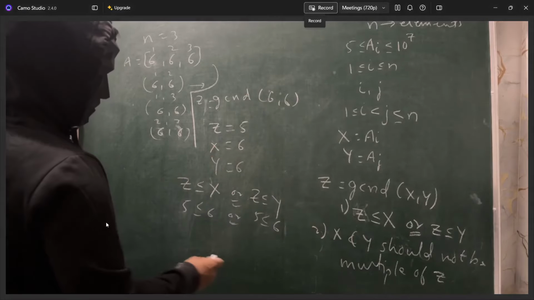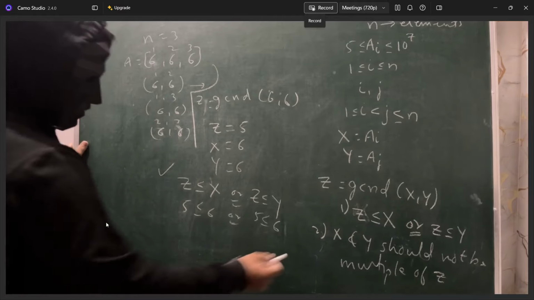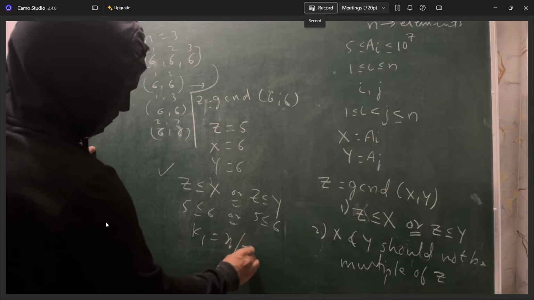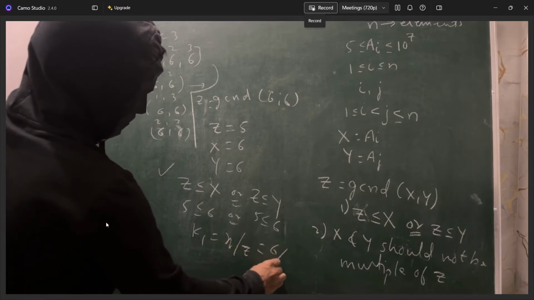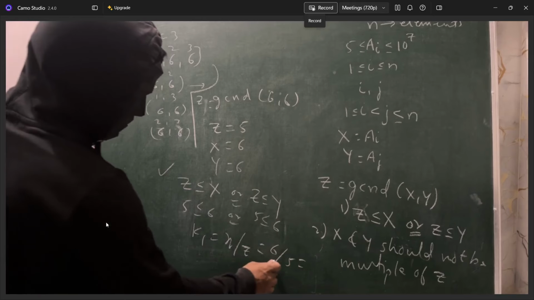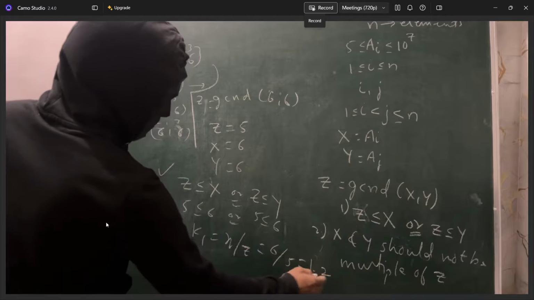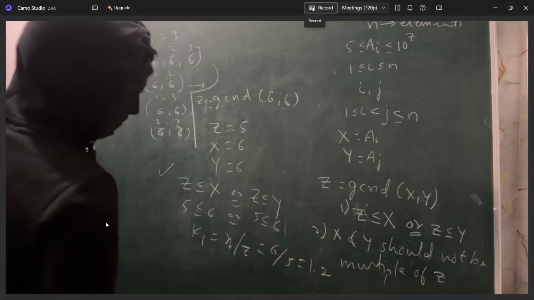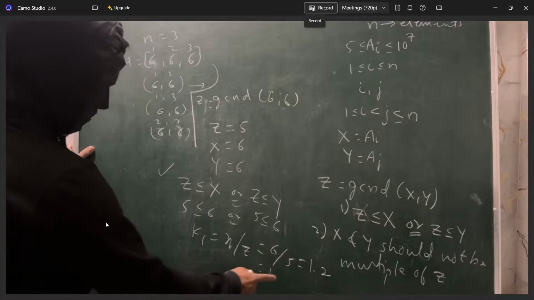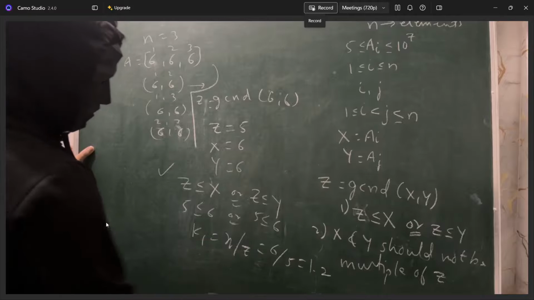First condition holds good. Second condition, x should not be a multiple, so x by z: x is 6, z is 5, so it is not perfectly divisible. You are getting some value like 1.2, which means if you divide it you will get remainder 1, so it is not perfectly divisible. So yeah, first one is holding.